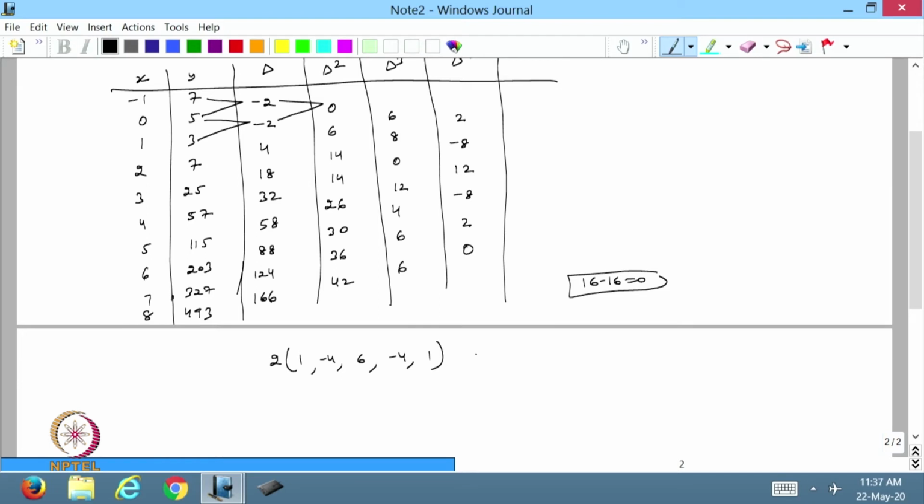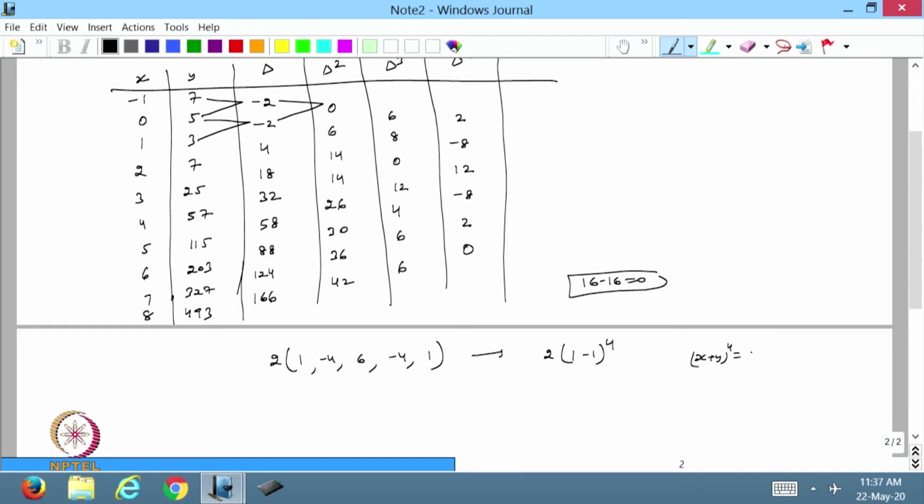From here I can write that this is the same as 1 minus 1 raised to power 4. So, the coefficients will be, I can write x plus y raised to power 4.